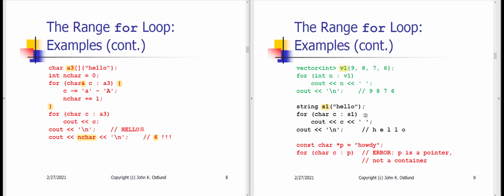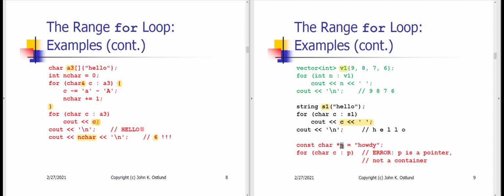Therefore, this range for loop is only going to go through and access the 5 characters in S1 one by one, and my output will be H space, E space, L space, L space, O space. And then I have a new line down here. I didn't get a space over here because I didn't ask for one, but here I am asking for a space following each character.